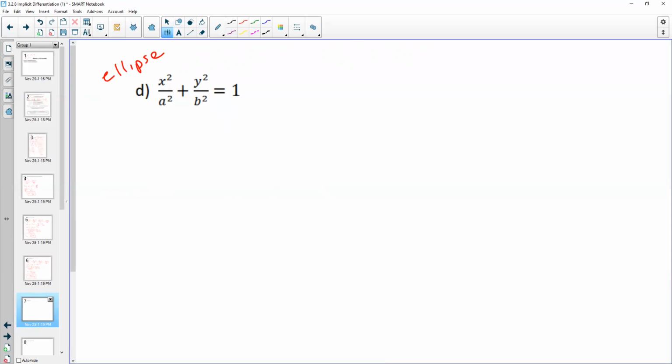It's kind of ugly, to be honest, but we can rewrite this. First note I have to say here: a and b are constants, so we will not be differentiating those.